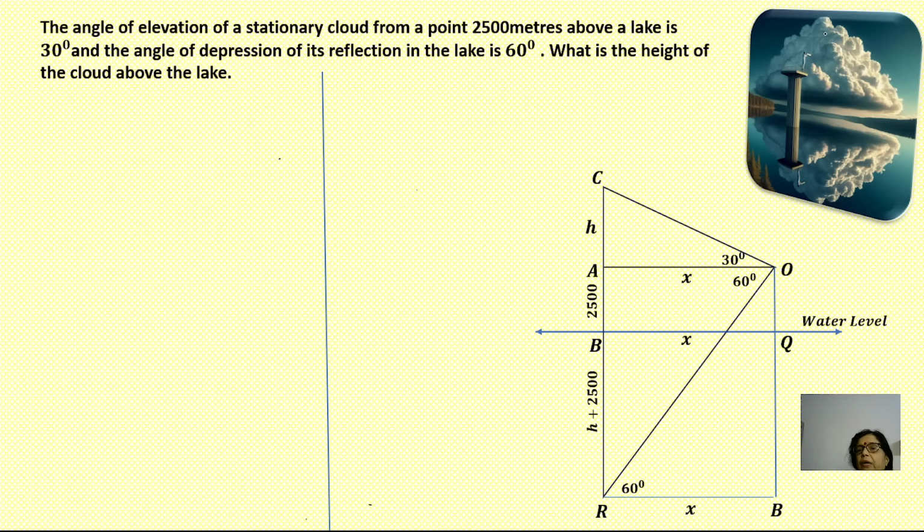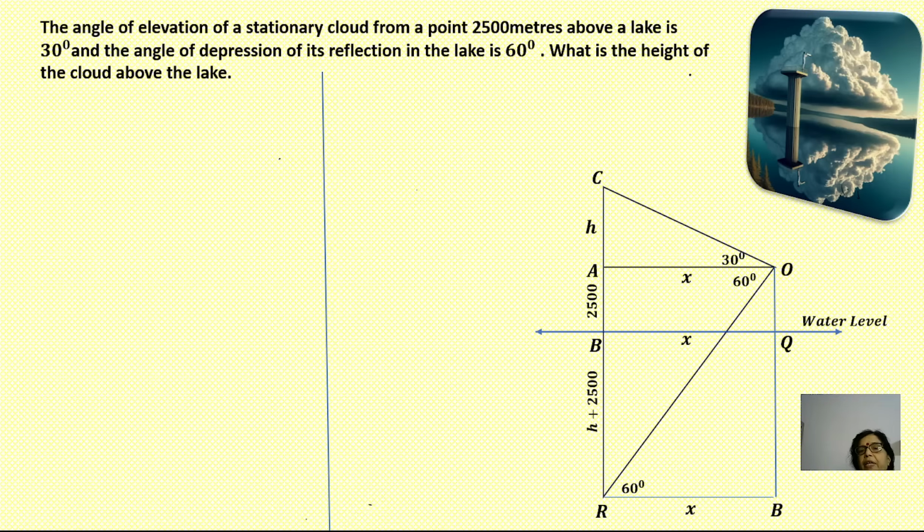But when he looks down at the same point inside the water level, he finds the angle of depression of the reflection of the same point on the cloud. Say if he is looking at the top of the cloud, he takes a point at the bottom, the reflection of the same point, and he finds that the angle of depression of the reflection is 60 degree.